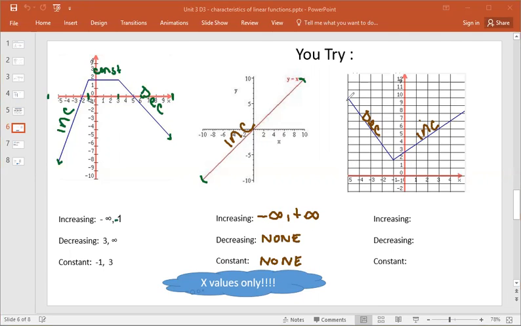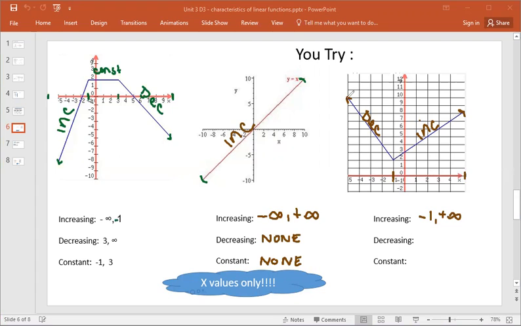Okay, once again, these are lines, they go on forever. So I am increasing from -1, which is where they come together, all the way over to the edge. So from -1 to positive infinity is the increase section.